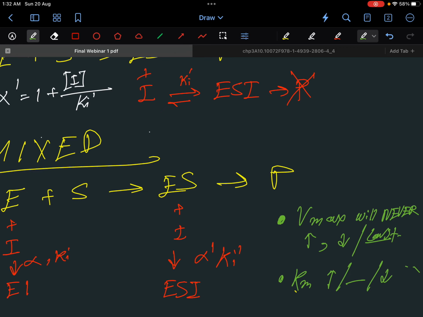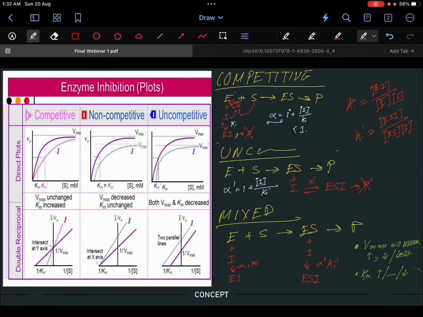No, the concept is slightly different. I will explain in the next slide. So the take home messages from this slide are: Vmax can never increase. It will either remain constant or it will decrease. Second, Km will increase, remain constant, or decrease.